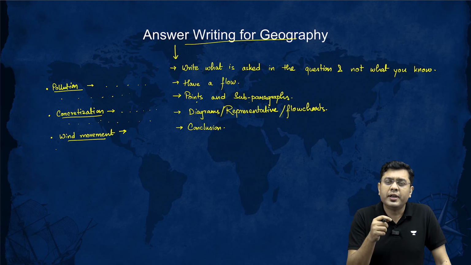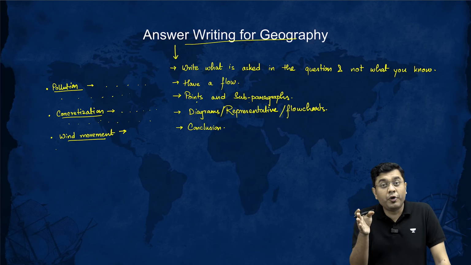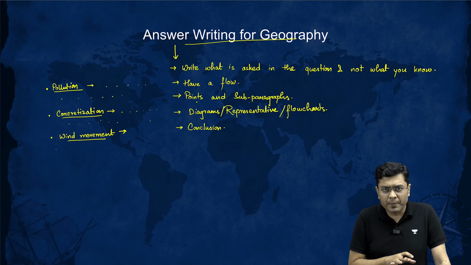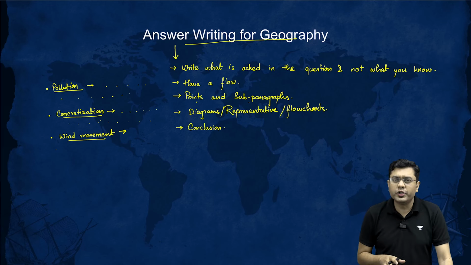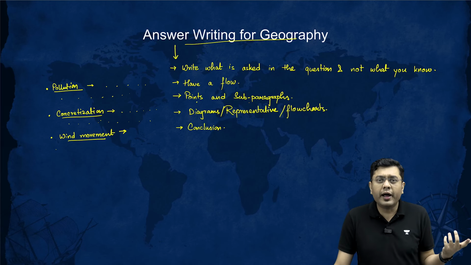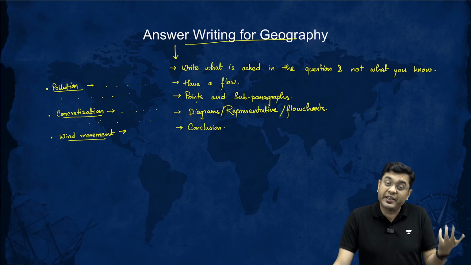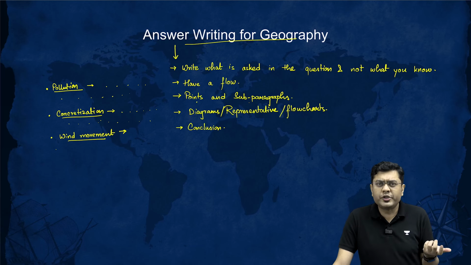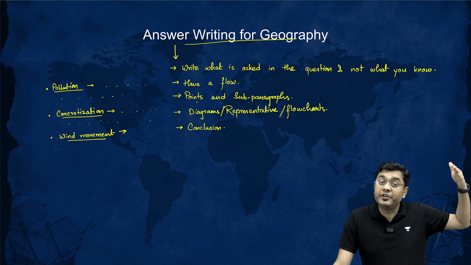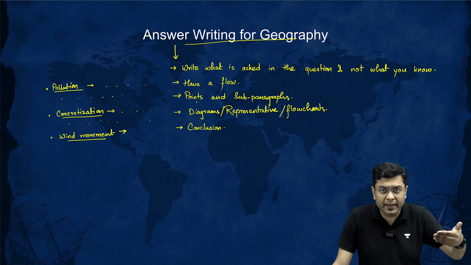The conclusion has to take the shape of a way forward, but at the same time needs to have a positive outlook. You cannot write a conclusion that everything is done for, there is gloom all around, that kind of conclusion. If these things continue, we won't have a place to live, etc. No. If we take these steps, then we can make the lives of these millions of citizens much better.